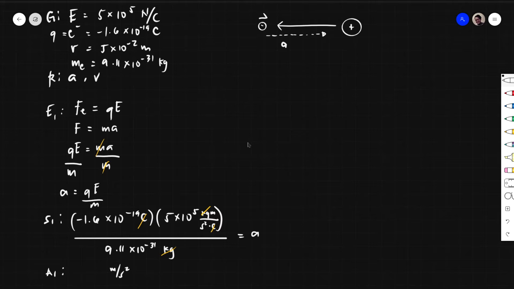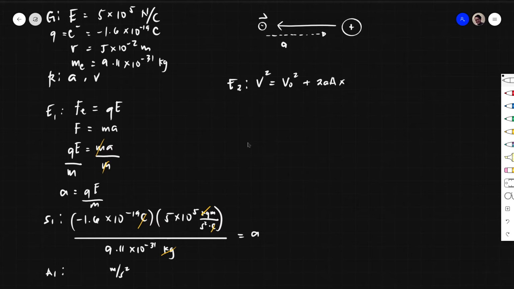As for the second equation, what we need is velocity. The distance is already provided, so you can recall your kinematic equations. Since we don't have time, that's automatically the time independent equation, which is what? Final velocity squared is equal to initial velocity squared plus 2a delta x, right?